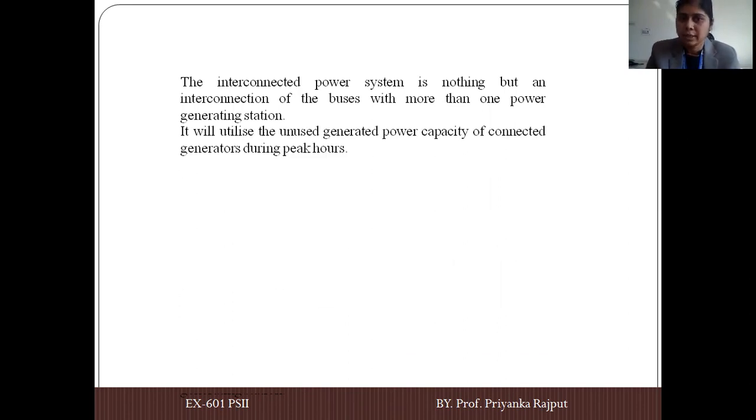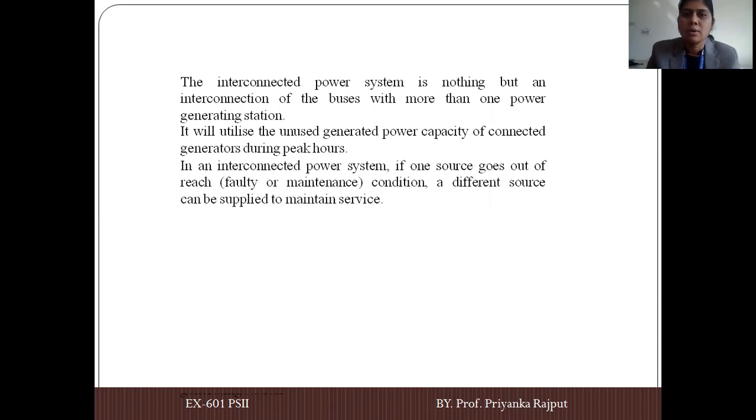It will utilize the unused generating capacity of connected generators during peak hours. In an interconnected power system, if one source goes out in faulty conditions, a different source can supply power to maintain the service.